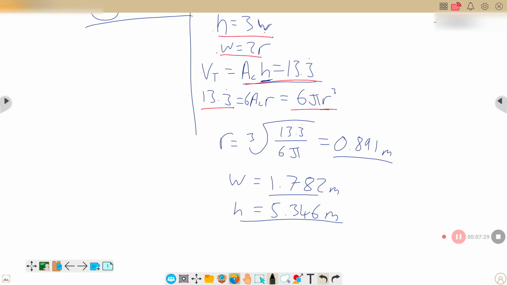Now, if I just go back to my problem that I emailed you guys, I said, please reply to this email with labeled drawings of a liquid storage silo that meets the requirements listed below. So the first part of this problem is basically just to draw a labeled drawing.